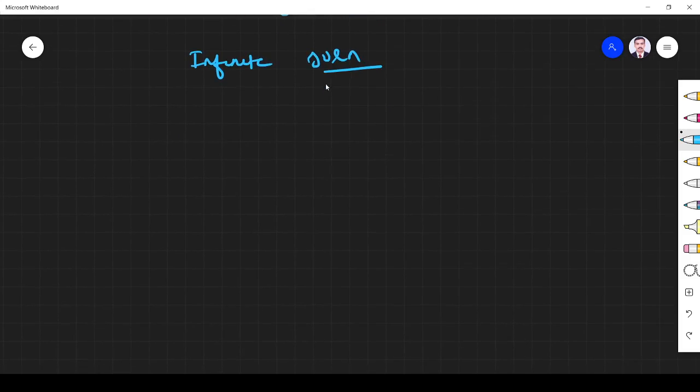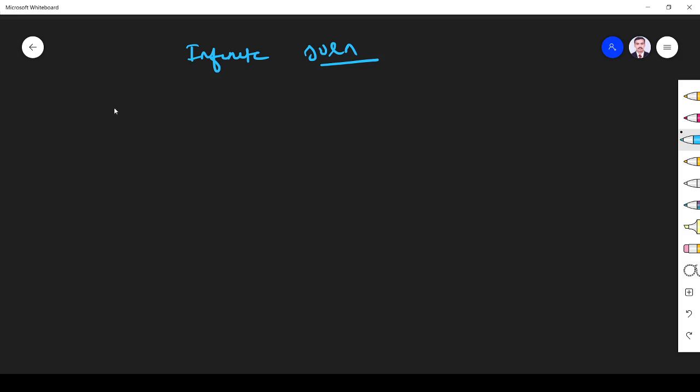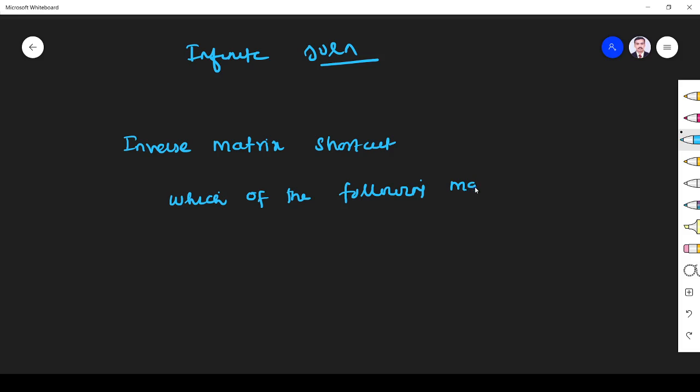Okay, so next we study the inverse matrix shortcut. I'm not going to tell the rules, I'm going to give only the shortcut. Let us see. Suppose they ask a question like this: which of the following matrices has an inverse?